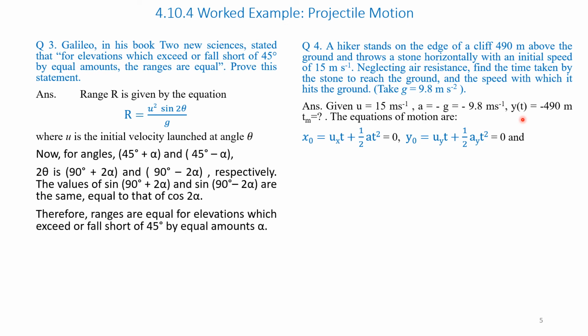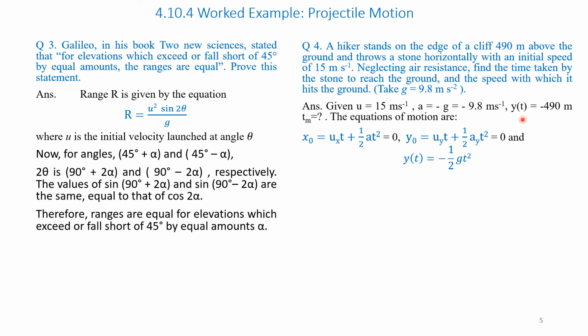Using standard formulae, x naught is equal to uxt plus half at square equal to 0, because the initial vertical speed is 0, and y naught is equal to uyt plus half at square.